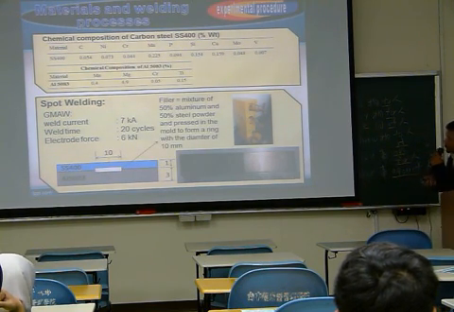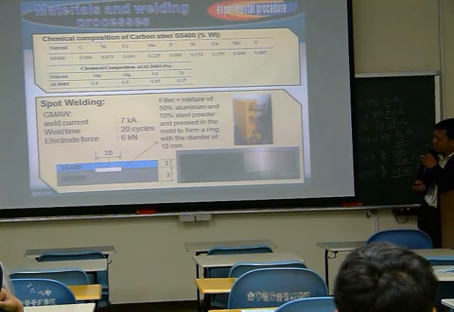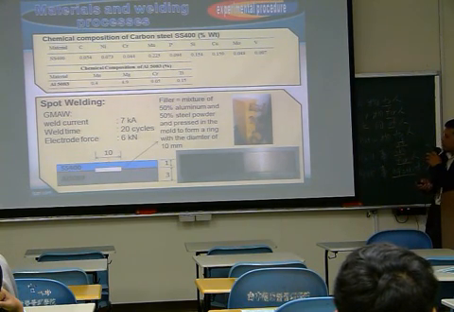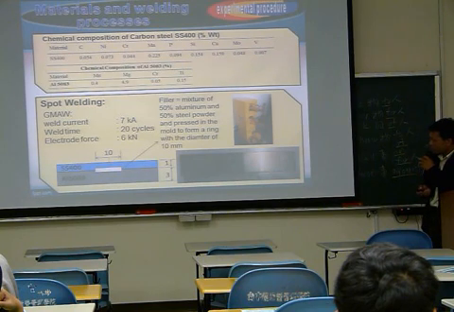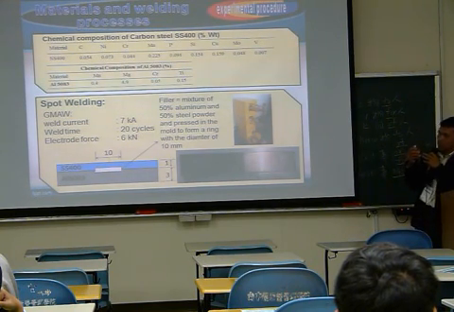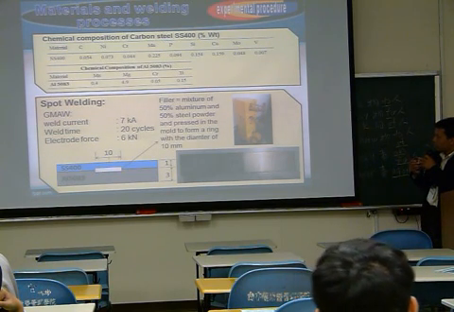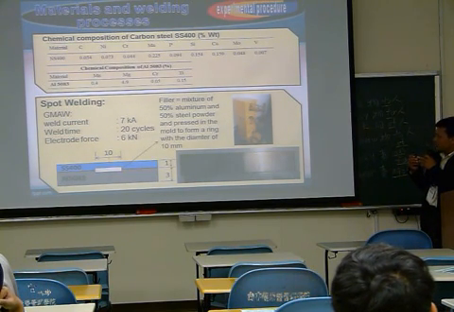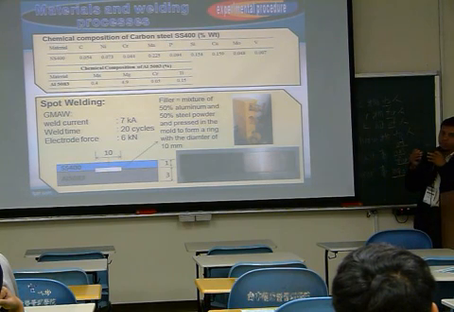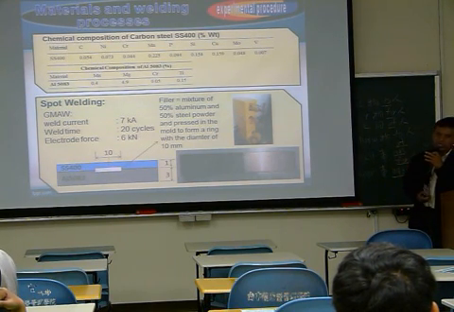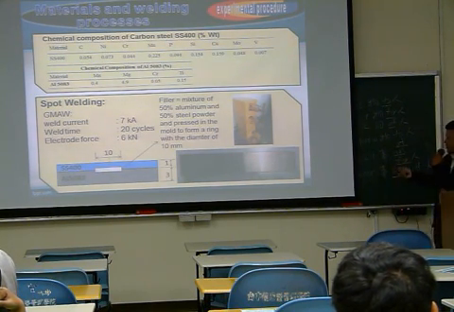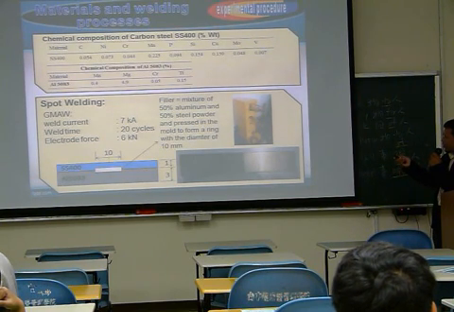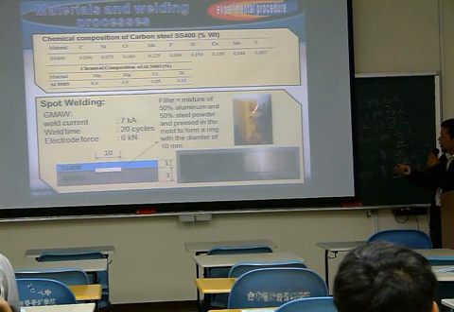The filler is a mixture of 50% aluminum and 50% steel powder, pressed together in a mold to form a ring with a diameter of 10 millimeters. Okay, the joint is like this, and the spot weld like this.